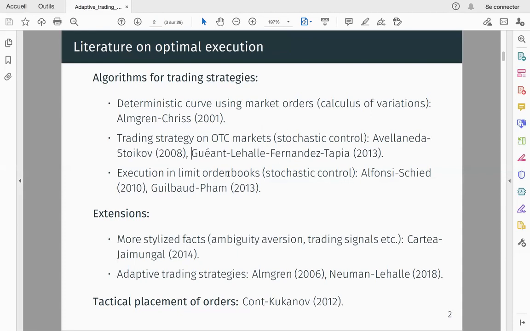For example, you have a stock listed on LSE and also on alternative trading venues such as BATS or Chi-X. And so depending on the current spread and imbalance, the trader has to choose how to split both limit and market orders on all the liquidity venues. And this is precisely the purpose of the article of Rama and Kukanov, where at each fixed time, the trader solves a static optimization problem to obtain his optimal strategies in terms of volume and type of order on each venue.